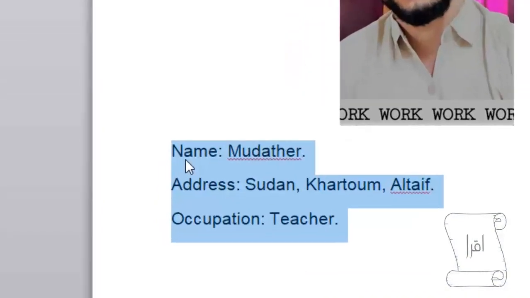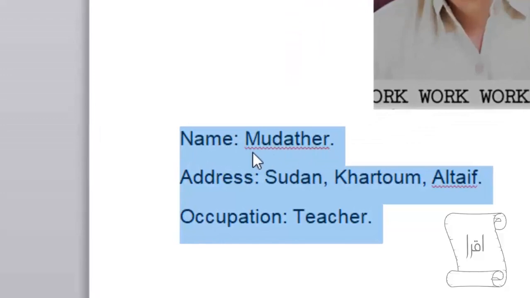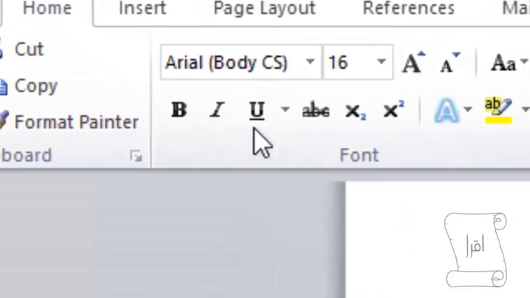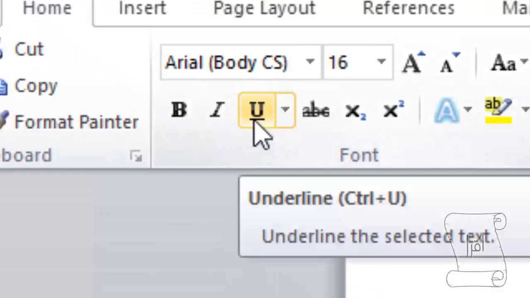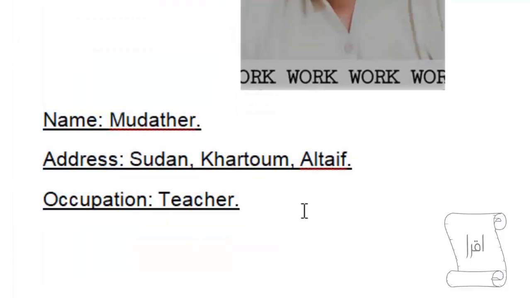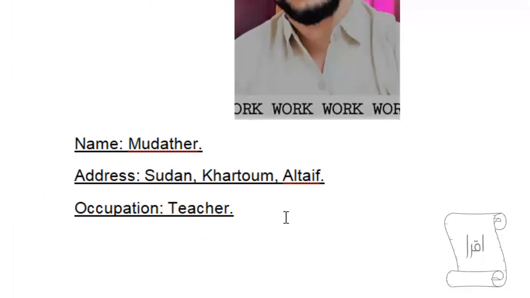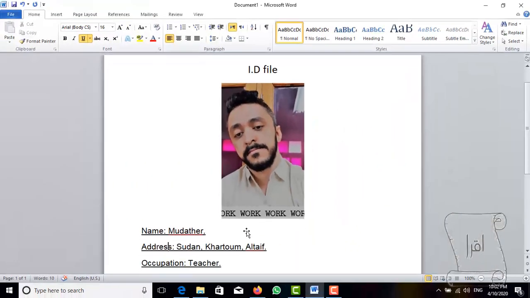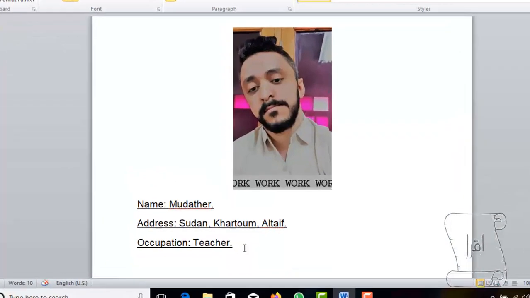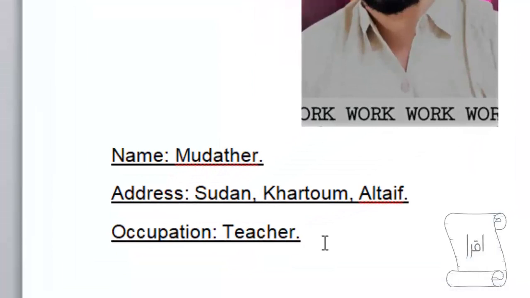What if I want to make a line below the text? What should I do? Well, you see this button over here? It's called underline. I think this looks great. Well, I need to add more information. To start a new line, I'm going to press Enter.